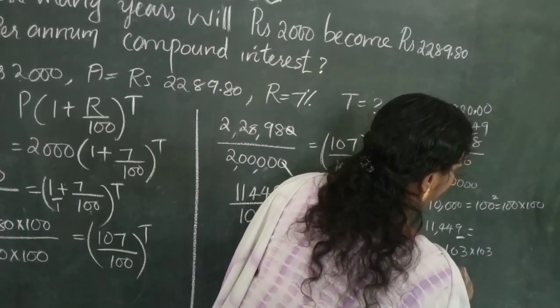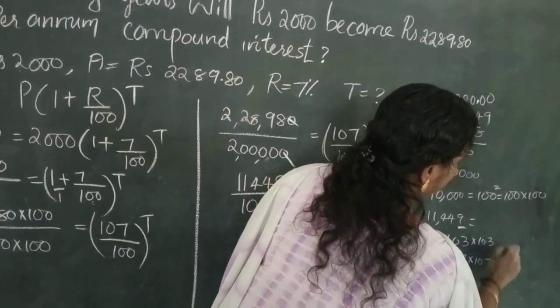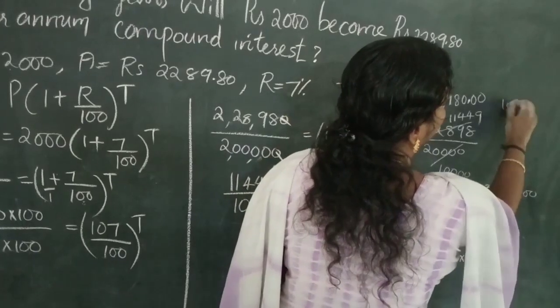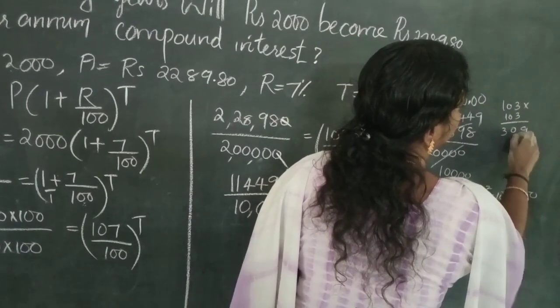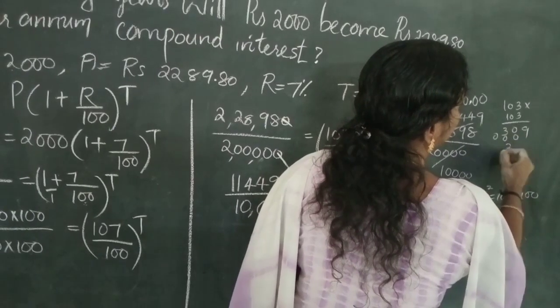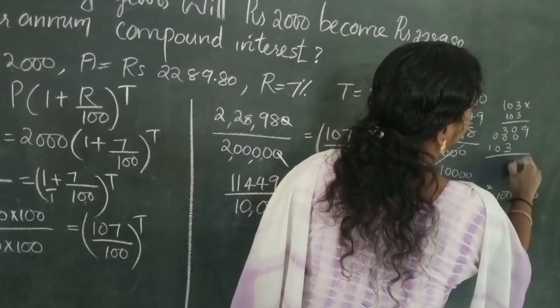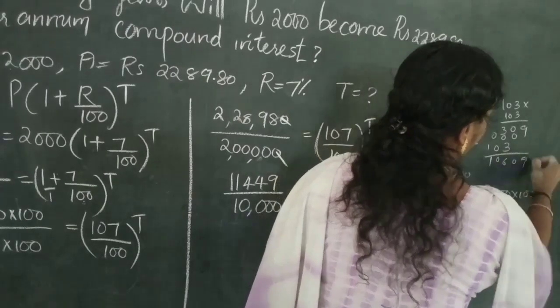103 to 103, otherwise 107 to 107. You have to multiply 103 into 103, which is not the same.